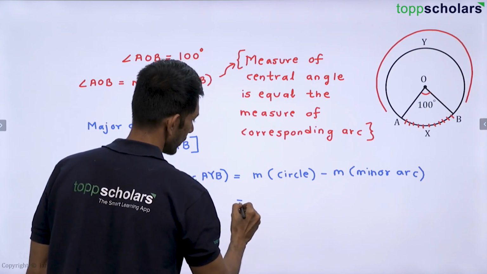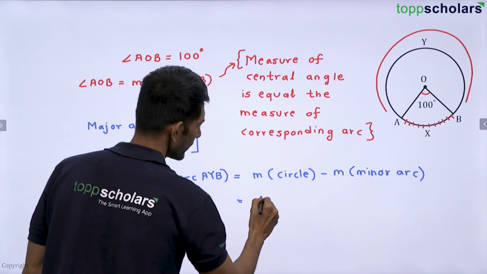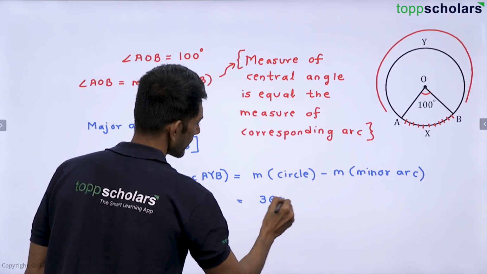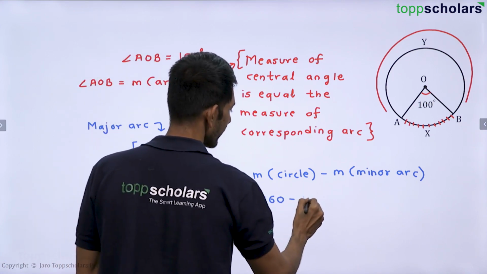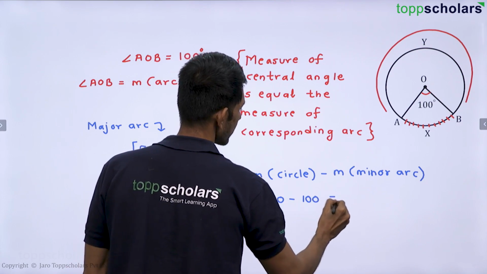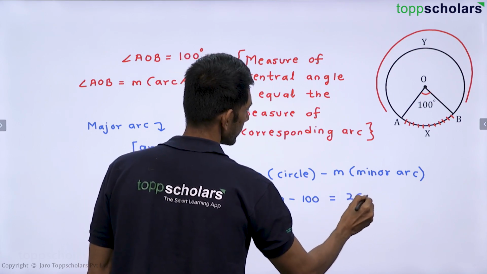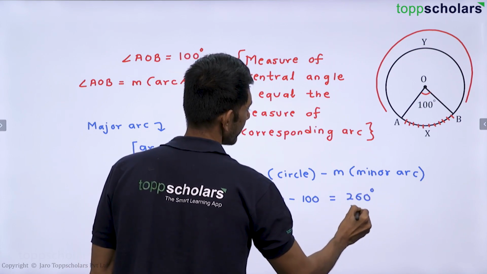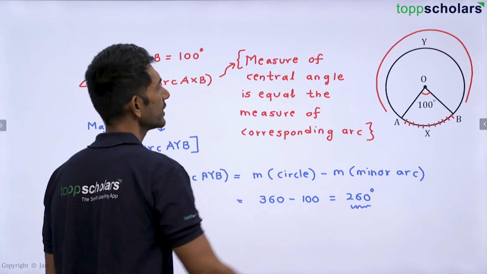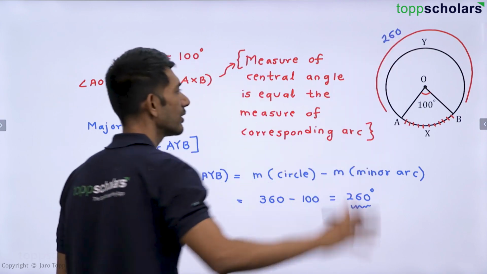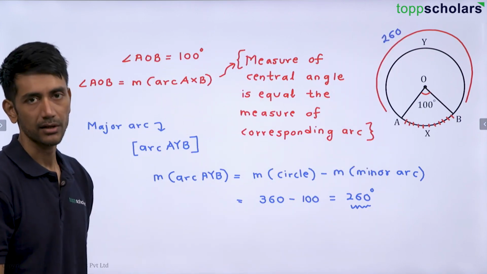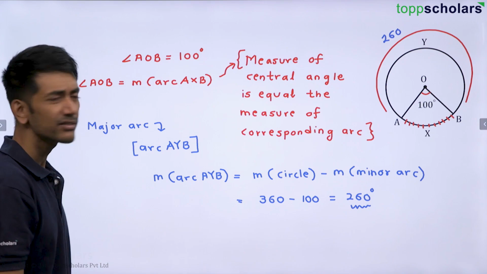So that is equal to measure of the circle is 360 minus measure of the minor arc is 100, right? And 360 minus 100 is how much? 260 degrees. So 260 degrees is the actual measure of the major arc. Easy. I hope this is clear to all of you.